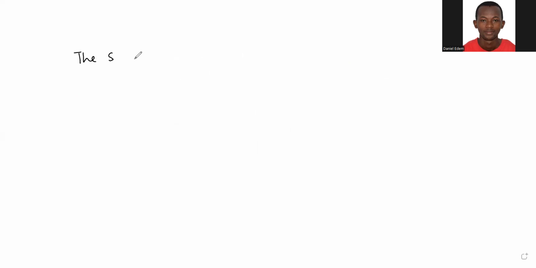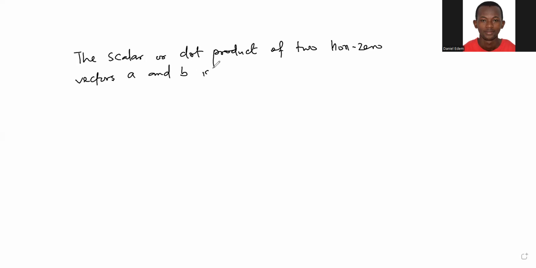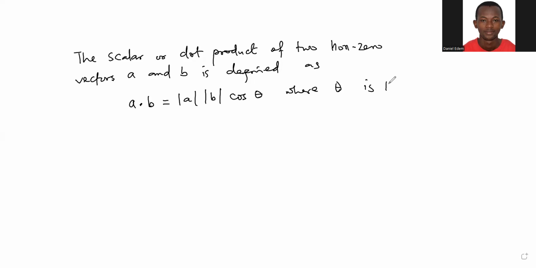The scalar or the dot product. So the dot product is still the same as the scalar product of two non-zero vectors A and B is defined as A dot B equal to the magnitude of A times the magnitude of B cos theta, where this theta is the angle between A and B. Take note of that.